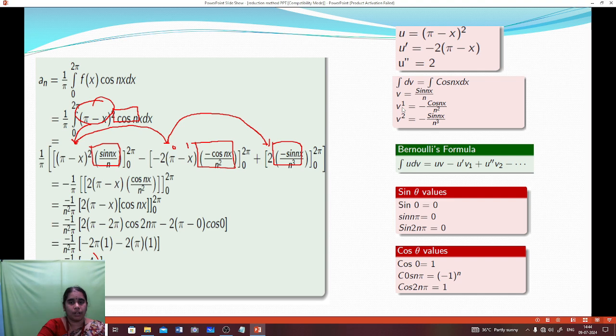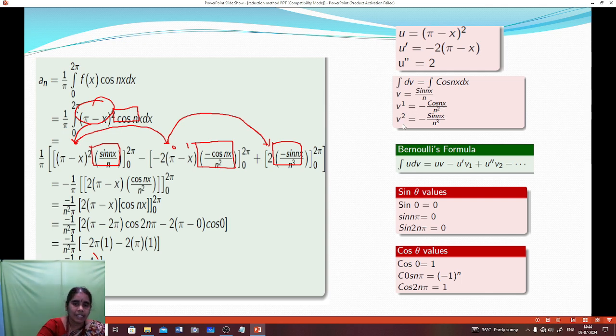Next, our v1. Again we have to integrate our v1. v1 is nothing but, on integrating sin, we just get minus cos. So, minus cos nx by n. Already we have 1 by n, now we are obtaining another 1 by n, so combinedly we get n square.